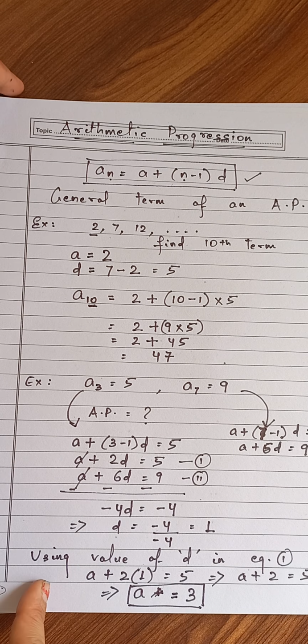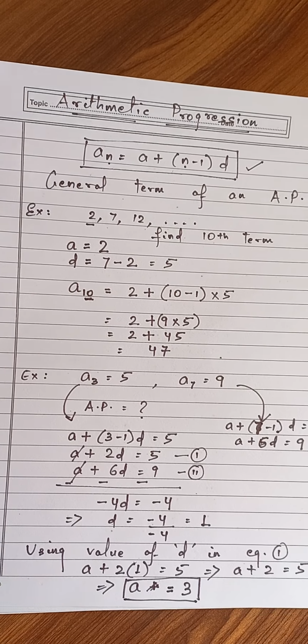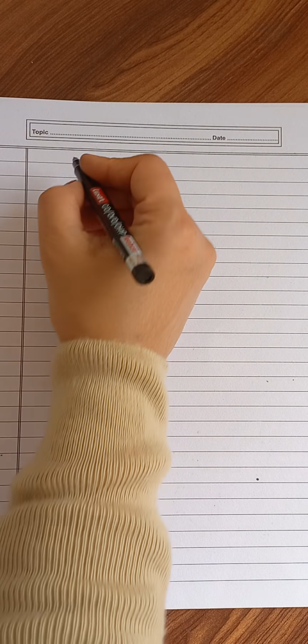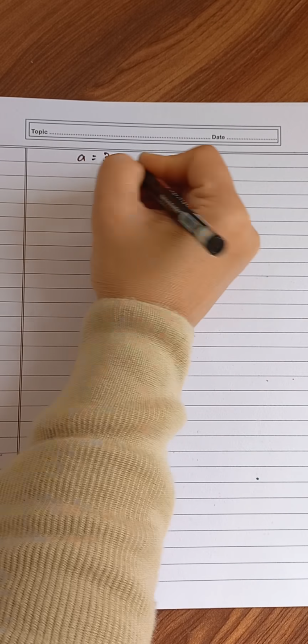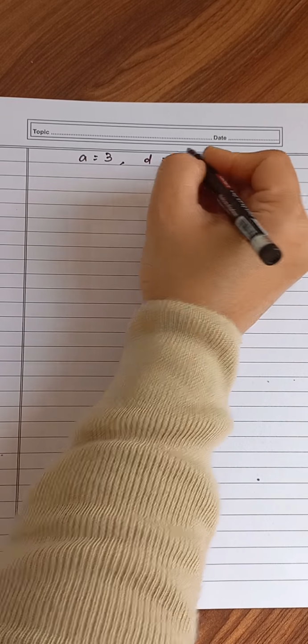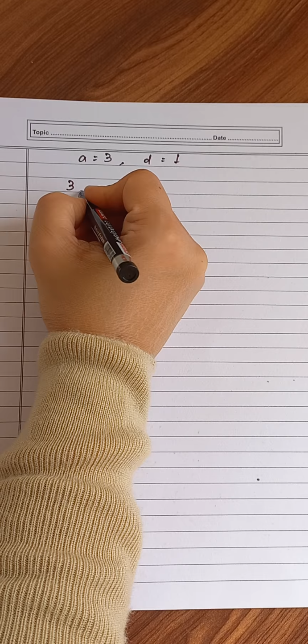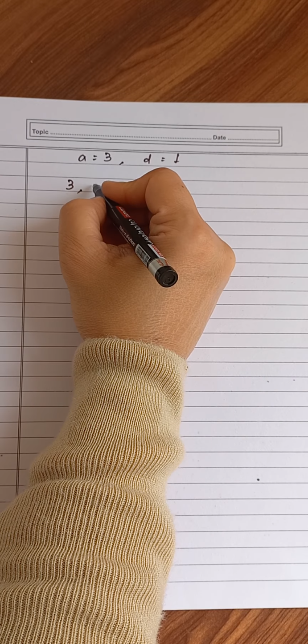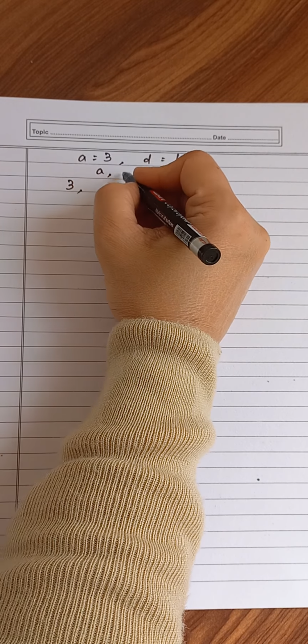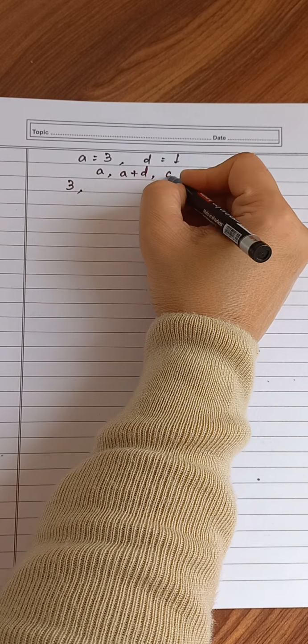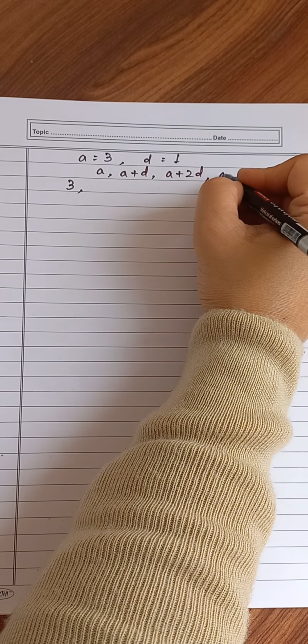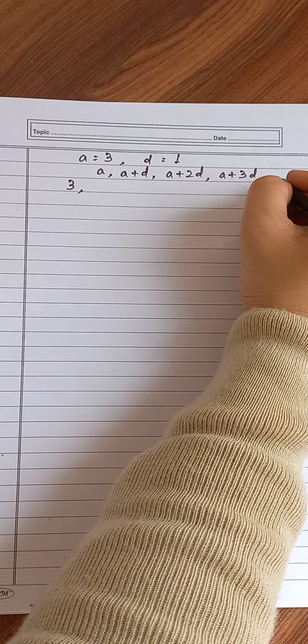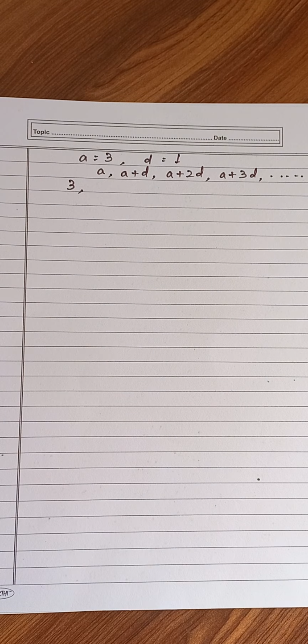Now if you are able to get these two values, then obviously you can find the sequence. If a value is 3 and d value is 1, the sequence will be 3, next will be a plus d, then a plus 2d, a plus 3d. That is what we learned about the sequence of an AP in the first class.